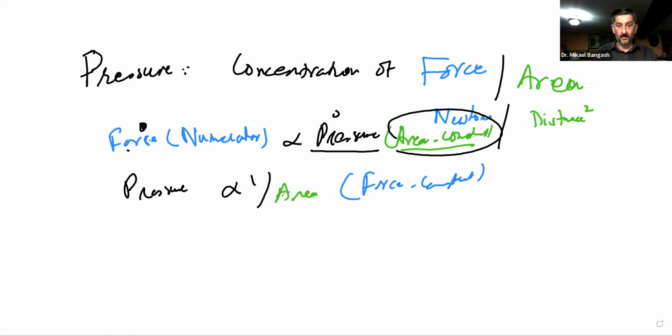Because if we change the force as we change the area, both are going to have their own effect on the pressure. So to establish the actual relationship between area and pressure, we need to keep the force constant.